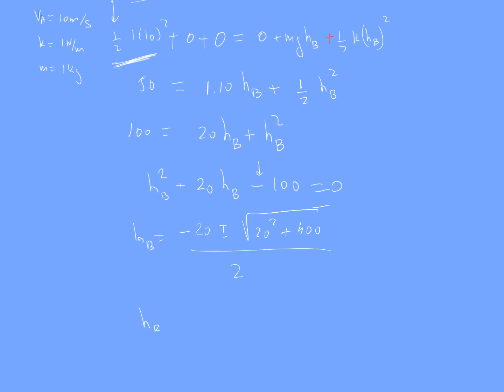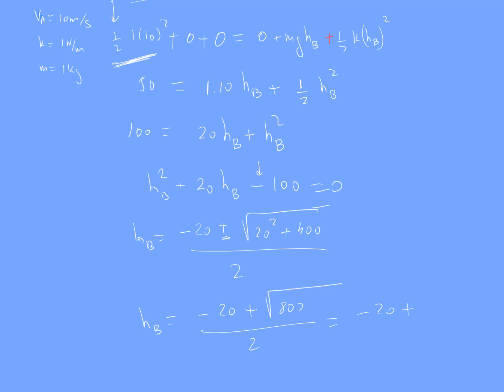So h_B will be equal to minus 20 plus or minus. I will choose the positive one because the negative one will produce a negative height. I'm going to the compression, so I will choose the positive.